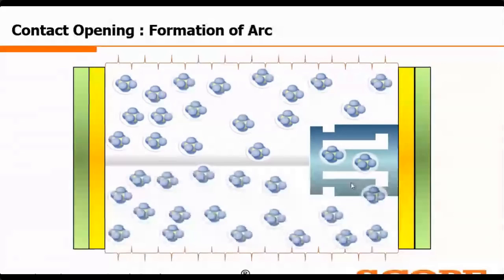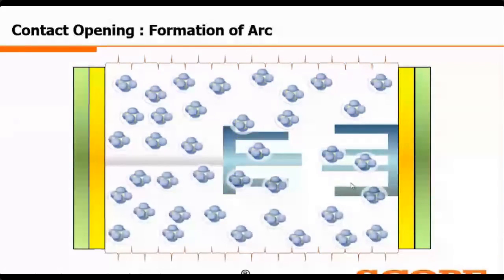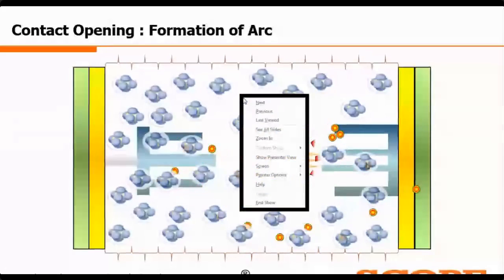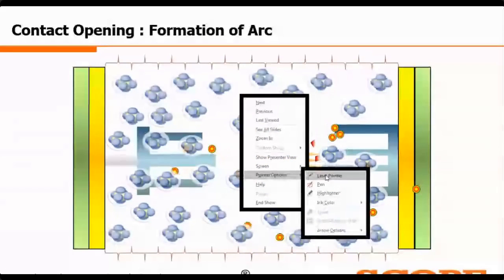Now, if a fault happens, the main contact and the arcing contact of the circuit breaker will separate, and after that the arc will occur, and because of that heat generation will happen. Let me use the pointer here.